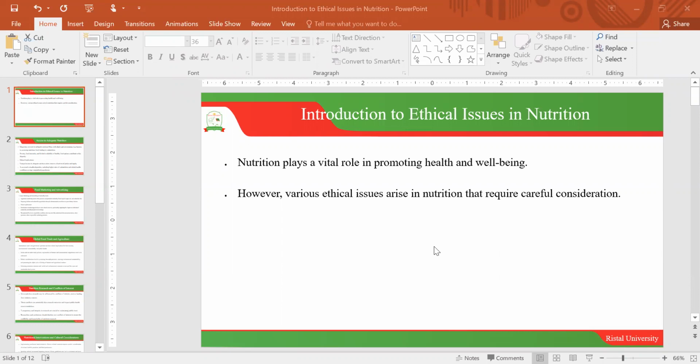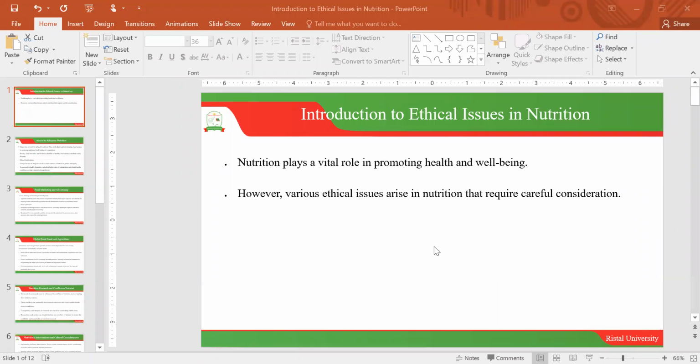Okay, but in the process of you doing that, you realize that you will face ethical issues. Okay, you will face ethical issues that you will have to navigate.